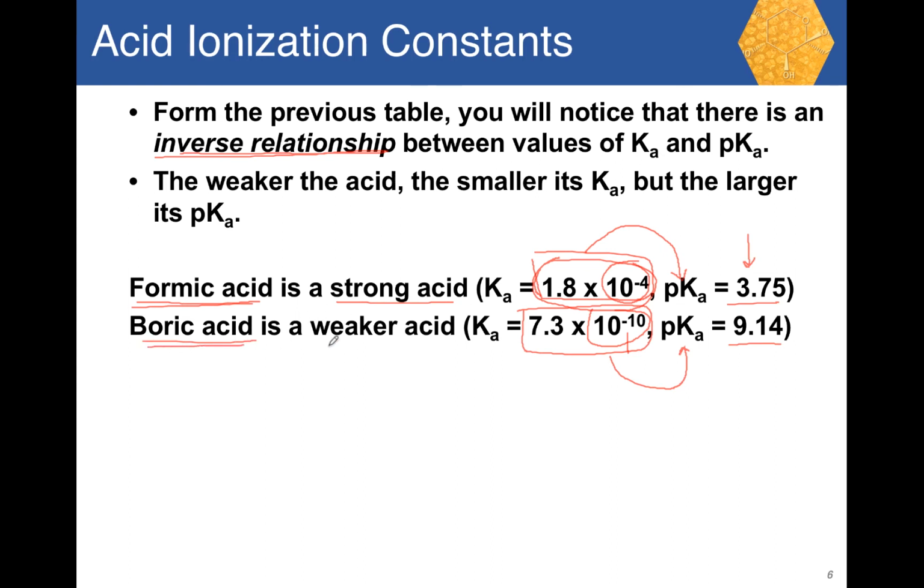Boric acid is a weaker acid because it has a smaller Ka, but notice it has a larger pKa. So that is the inverse relationship. So you should be able to look at two acids. If given the pKa values, you should be able to tell which one is a stronger acid and which one is a weaker acid just based on the pKa values and the relative difference.